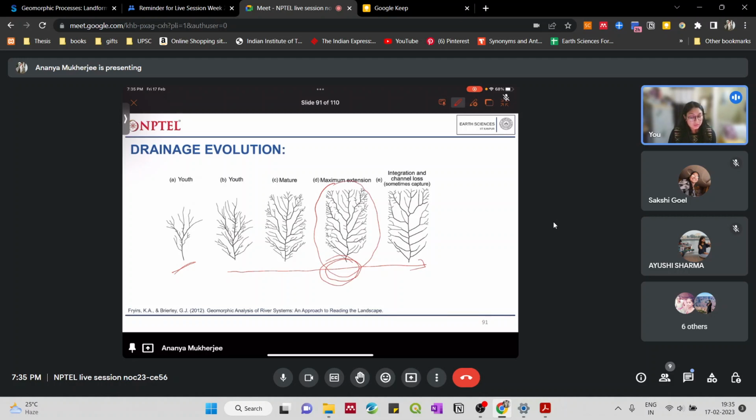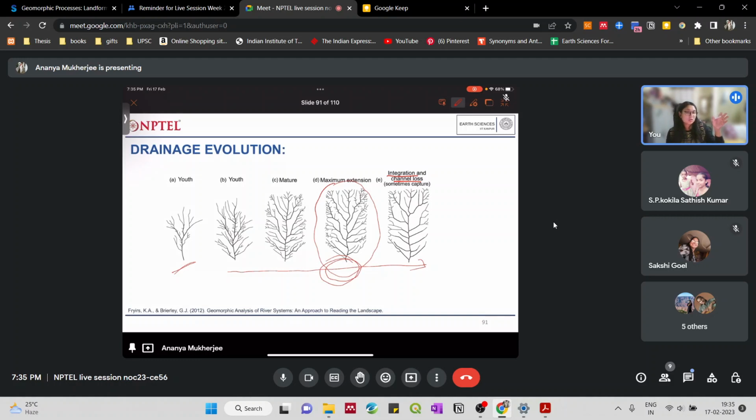Over here, as you can see, there is integration and channel loss. So what is channel loss? Some of the lower stream order streams are going to lose water and get dried up, the water supply is going to get cut off, so these streams will no longer be active. Suppose one stream of another drainage basin gets connected to this drainage basin.